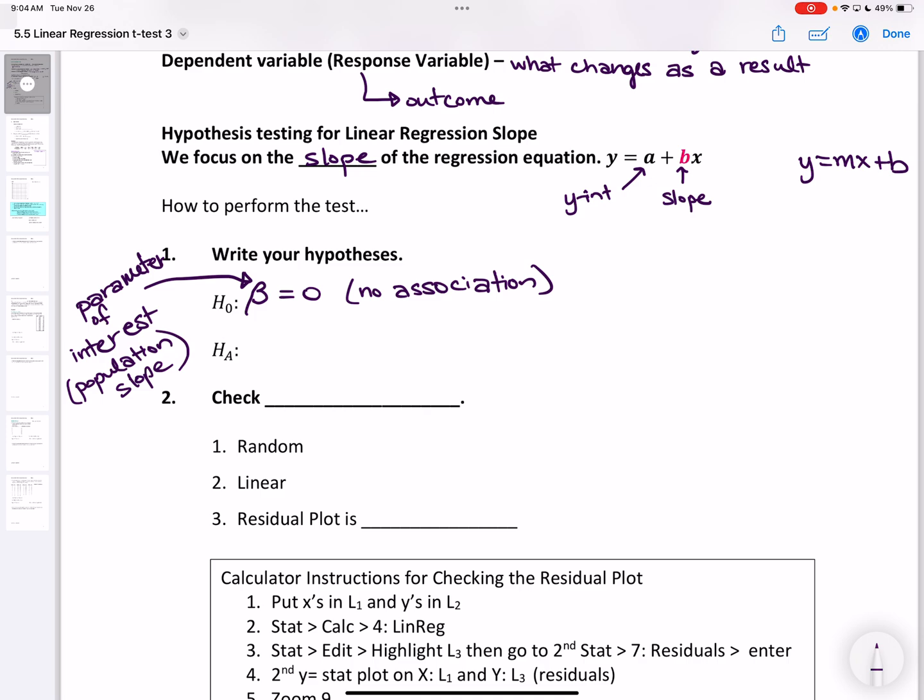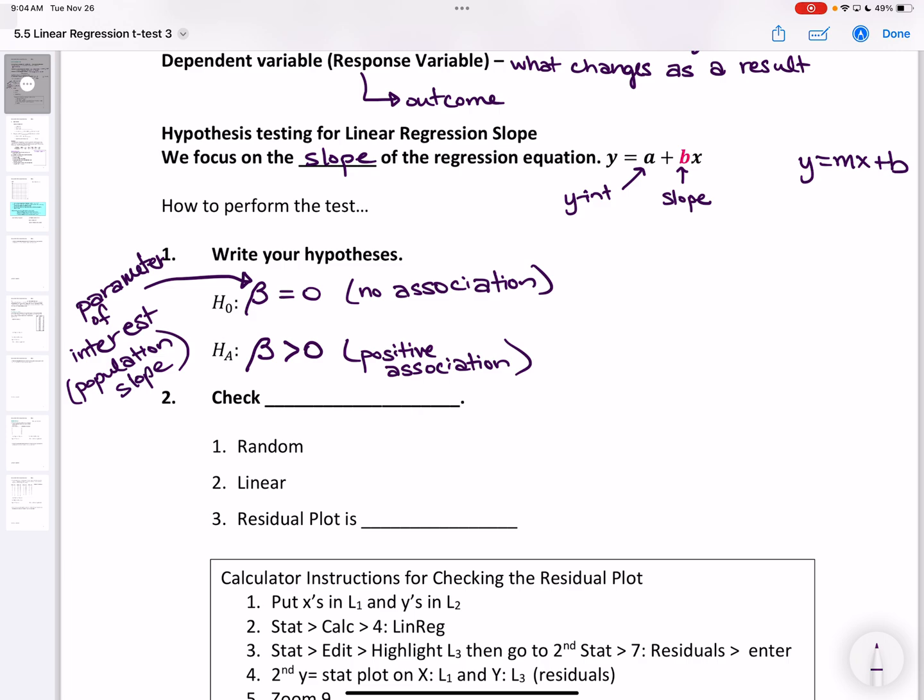Your null is always going to be that there's no association, okay? Now, your alternate depends on the scatter plot and what you think for the data, okay? If I look at a scatter plot and it looks like as x increases, y is also increasing, then I'm going to say beta is greater than 0, which means I think there's a positive association between the two. Okay? But what if I look at it and it looks like as x increases, y is decreasing?